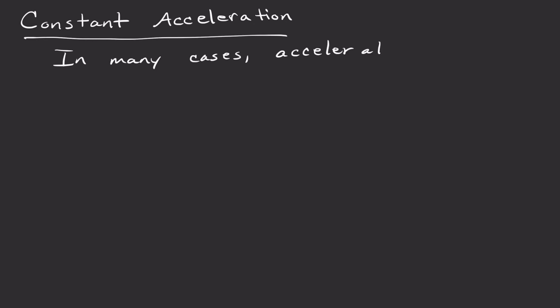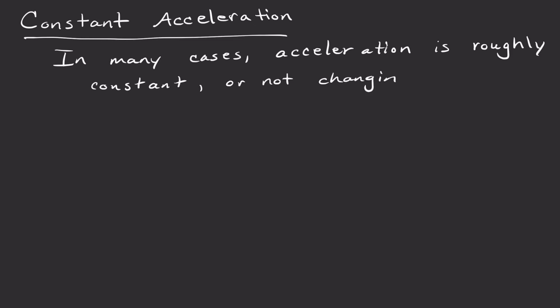So we don't have a whole lot of situations where the acceleration is changing, so we really don't have to get any more complicated than constant acceleration. Okay, so acceleration is roughly constant, we're not changing. Okay, so this means that our average acceleration is equal to our instantaneous acceleration since the acceleration value is not changing in time.